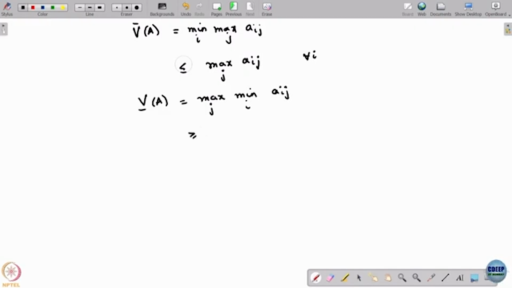So therefore, this was always greater than or equal to min over i, for all j. But now what we showed was actually these are each equal to a_{i*j*}. Both of these are equal to a_{i*j*}.